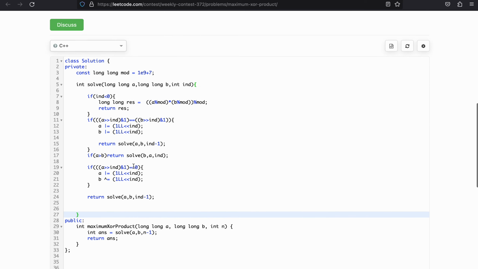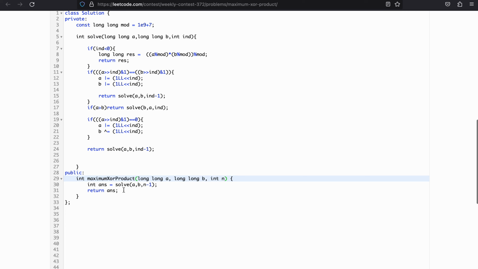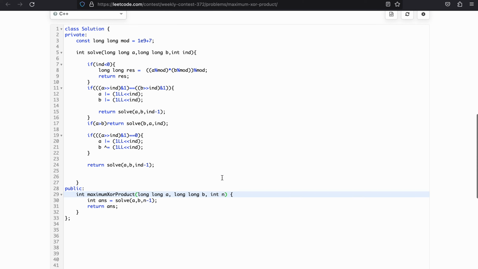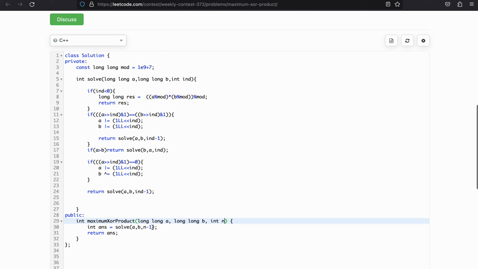Basically we make the solve function, and we pass a and b and the number of bits. So basically here we pass n minus 1, since the bits are indexed from 0th, we take our 0th index, that's why we pass n minus 1.